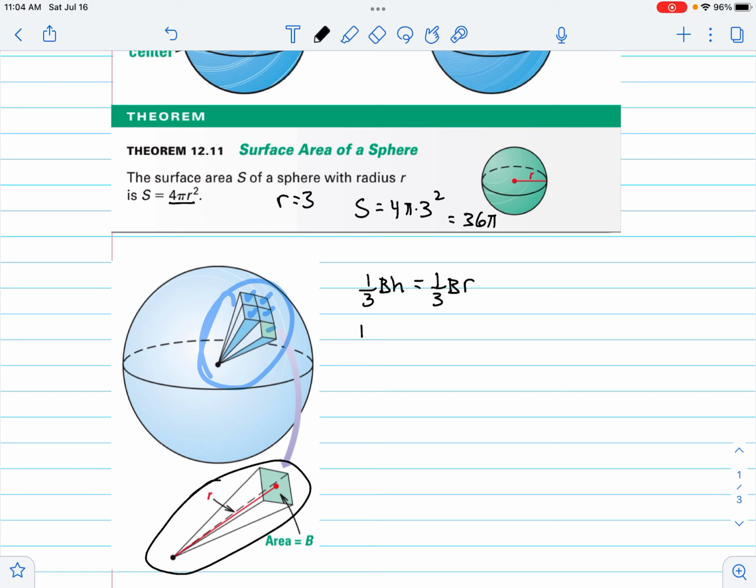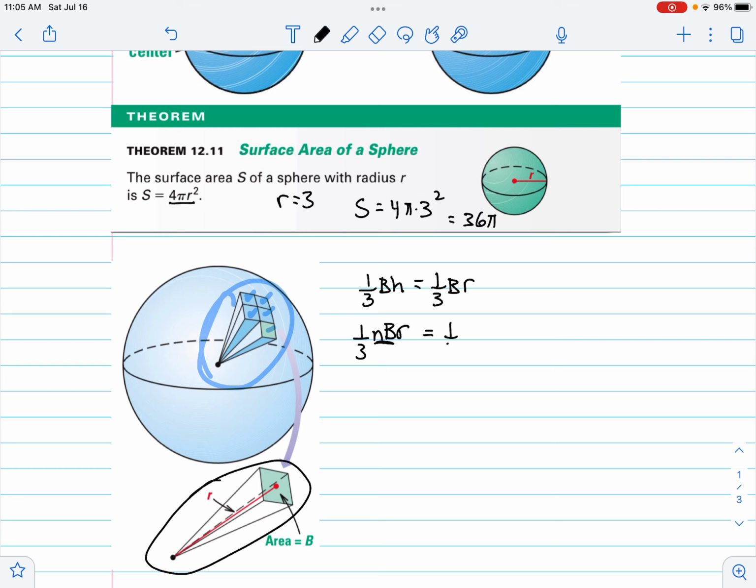So let's see what we've got. We've got 1/3 times n b r. Now we're going to assume that n is a really big number. Let's think about n as millions and millions of these pyramids in there. The more pyramids we have, the better the approximation. So let's think about this n b, and make a substitution.